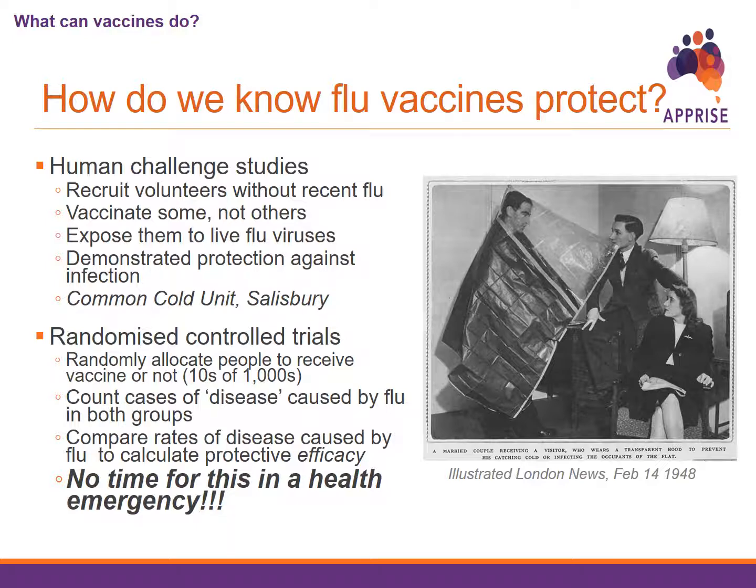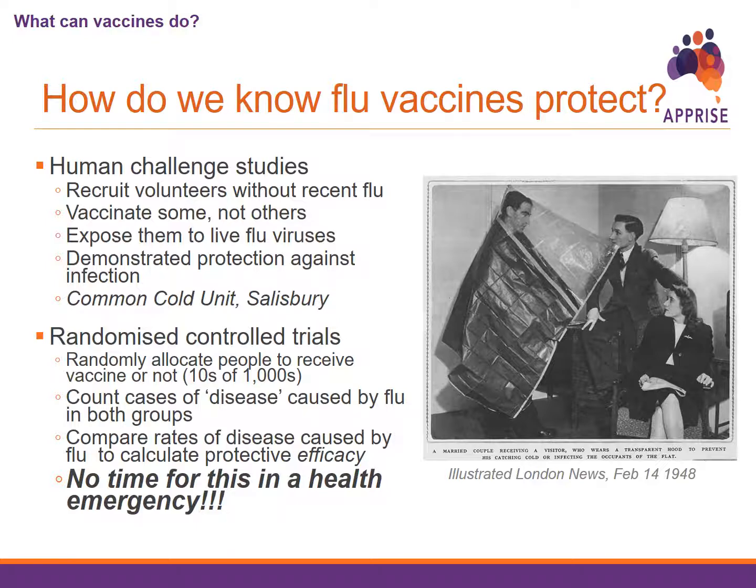Randomised controlled trials are a larger scale type of study, and these randomly allocate people to either receive a vaccine or not. And in this case, they usually require thousands or tens of thousands of people to be involved in the studies. Individuals having been assigned to groups are followed over time.